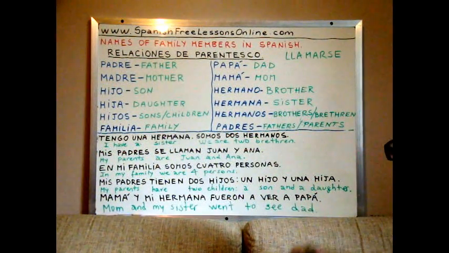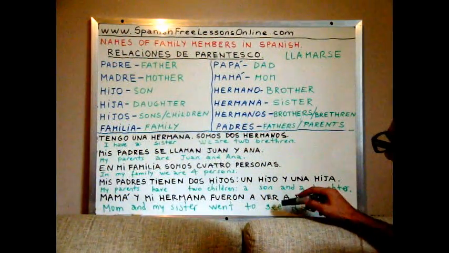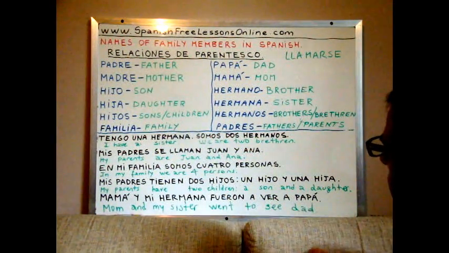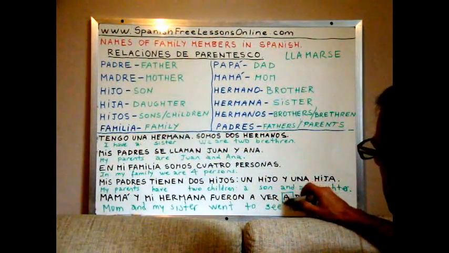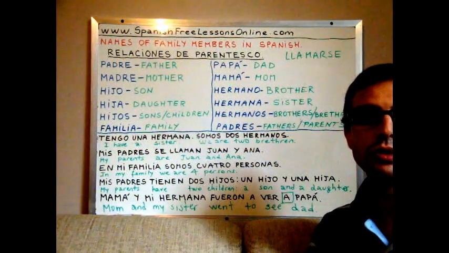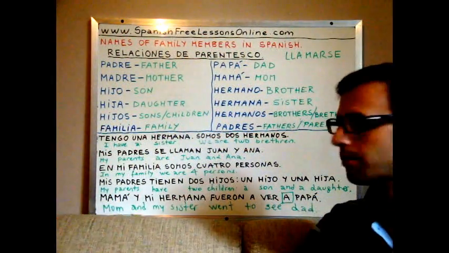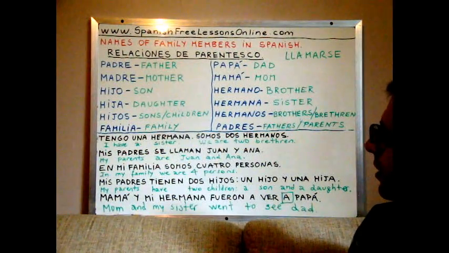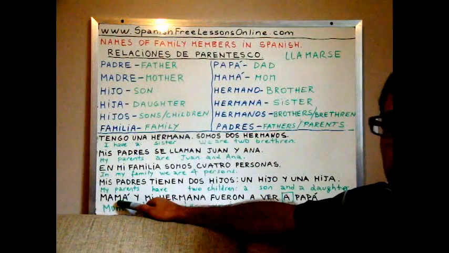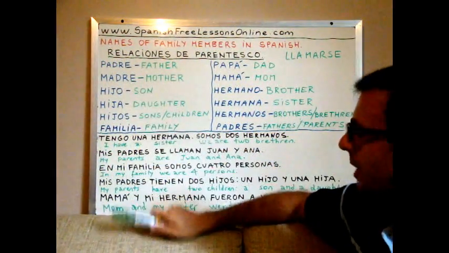So, here we have this extra word that we don't need in English. This would be went to see to dad, right? But this word a is required in Spanish. You are going to see to somebody in Spanish, okay? Ver a alguien, somebody. So here you can see we have mamá would be the more familiar way of addressing madre, mother, okay?